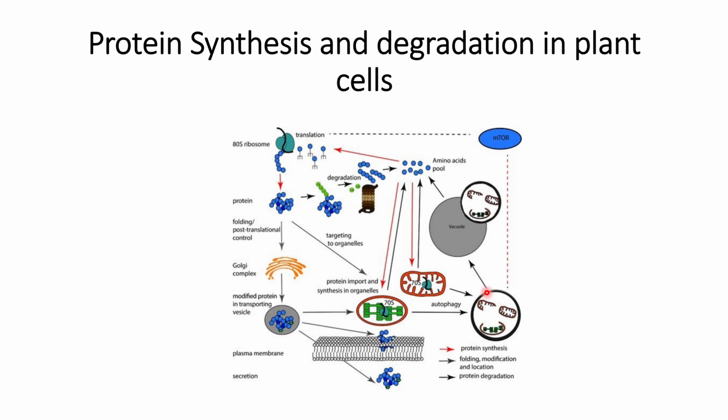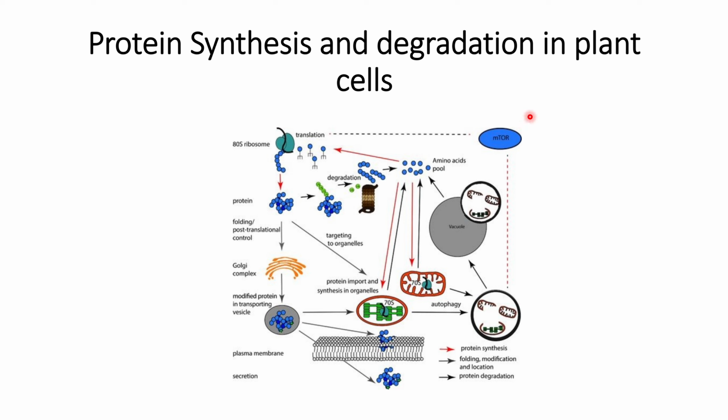And all this protein synthesis and degradation will be controlled by the mTOR signaling pathway. It will determine whether there is an excess availability of proteins or organelles, or there is a deficiency of some proteins or organelles.